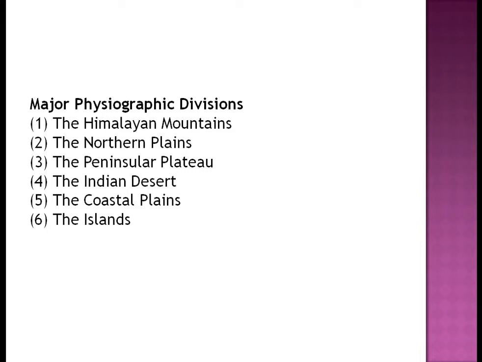Point number 1, the Himalaya mountains. Second, the northern plain. Third, Peninsular Plateau. Fourth, Indian desert. Fifth, the coastal plain, and the last one, the islands. So we are going to see these 6 physiographic divisions in detail.